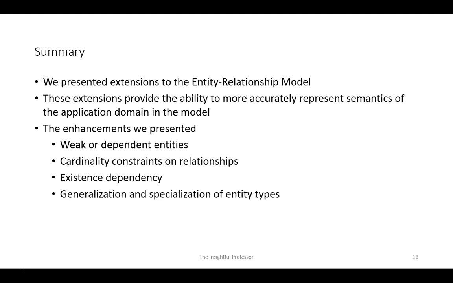As we've shown in our examples, the use of cardinality, optionality, and generalization can enhance the semantics of the data model. Although there's no agreement on the graphics of an entity relationship diagram, the various approaches do recognize the importance of these enhancements by providing some graphic mechanism to represent them.